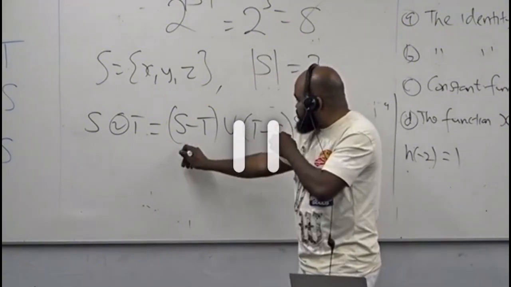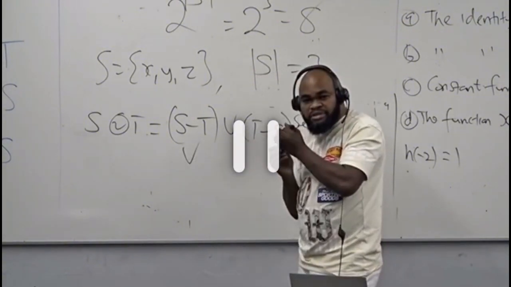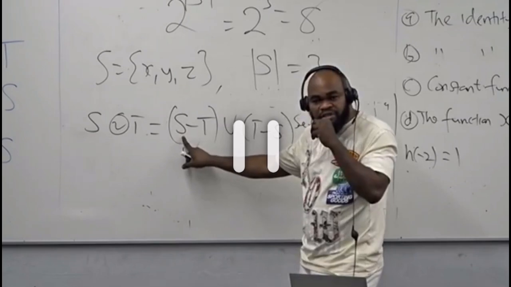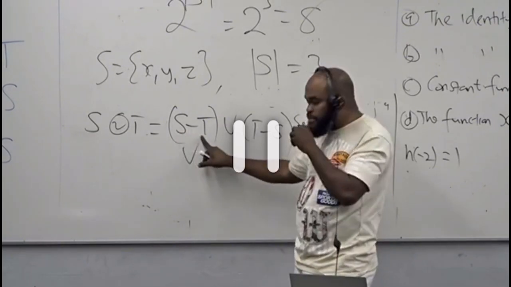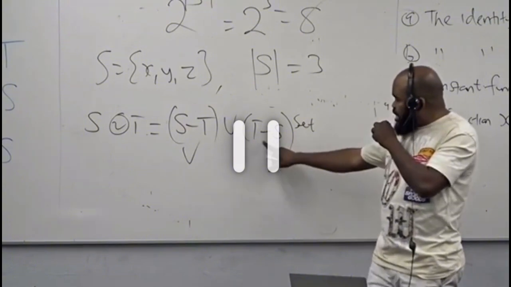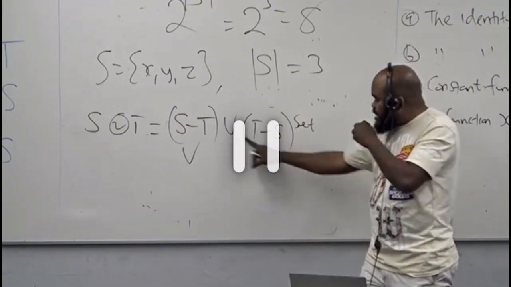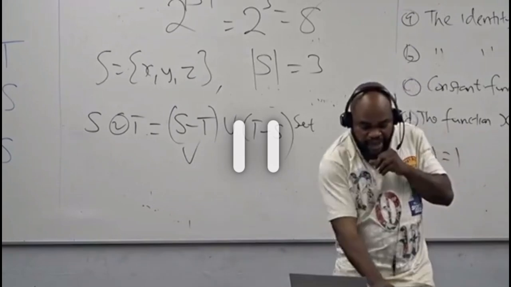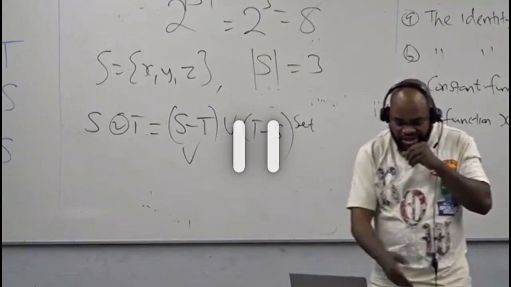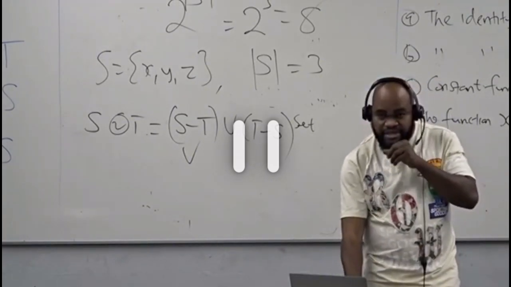We need to first figure this one out: the situation where an element belongs to S but does not belong to T, then where it belongs to T but does not belong to S. Then I'm going to add them up. So that is what we mean by the symmetric difference.